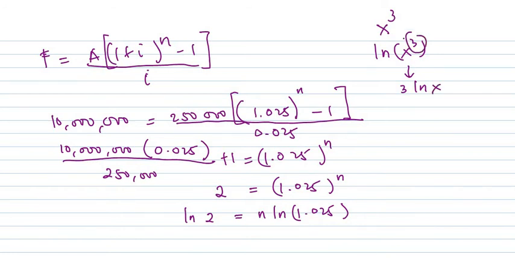The exponent is transferred in front. For this case n will be transferred here, so ln of 2 divided by ln of 1.025 is equivalent to n. So our n here is equivalent to 28.07. That is how we compute our n.